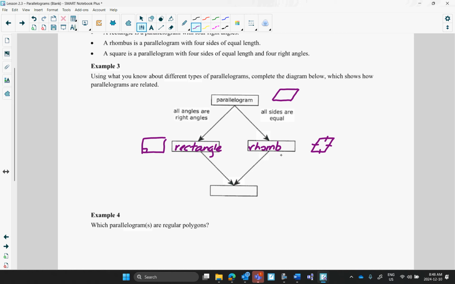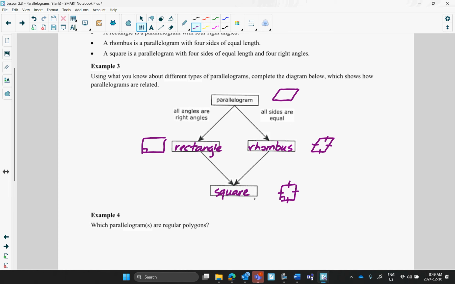If we take a rectangle and a rhombus and combine them, all the sides are equal and all the interior angles are right angles, we get a square. So parallelograms break down to rectangles if they're right angles, rhombuses if they're all equal, and then if we take those two and put them together, we get a square.